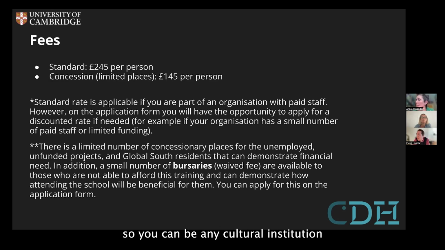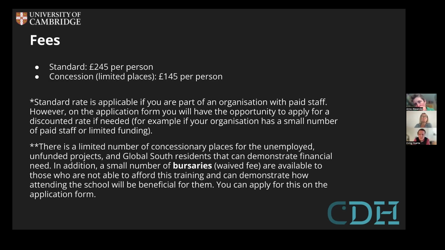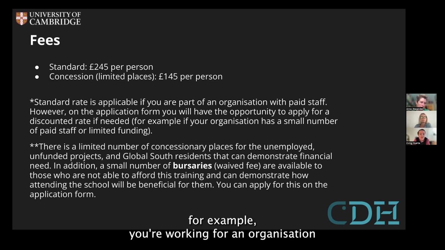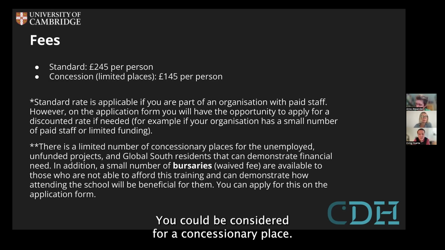So you can be any cultural institution or university or research center with paid staff. However, you might be able to apply for a concessionary place if, for example, you're working for an organization that has a small number of paid staff, right? So if your organization is not very big, you could be considered for a concessionary place.